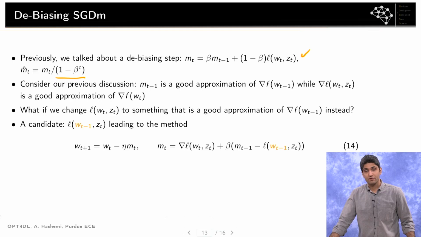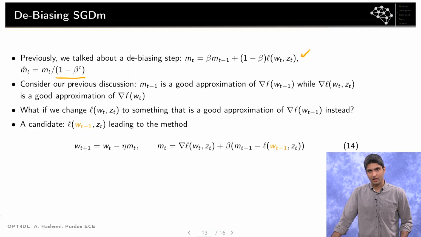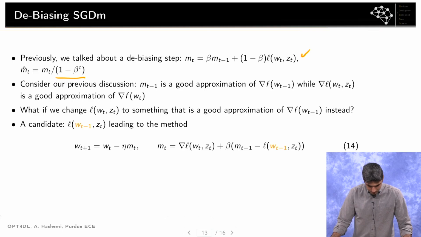But in our discussion, we were very imprecise. We made lots of assumptions that were not necessarily true. So here we're going to try a different debiasing idea, which turns out to be highly effective and in fact leads to very good convergence guarantees.